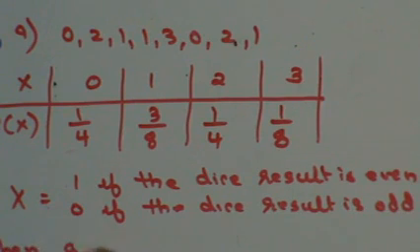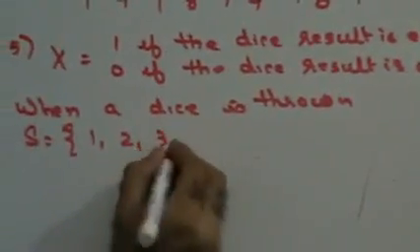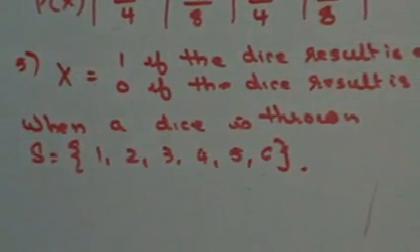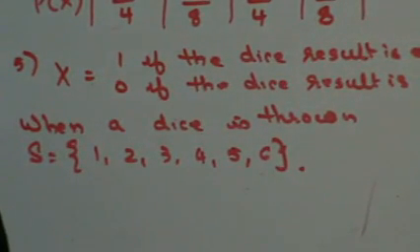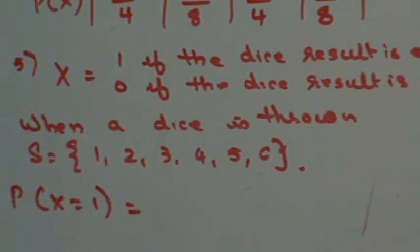Now guys, when a dice is thrown, the possible outcomes are 1, 2, 3, 4, 5, 6. Now they are saying that random variable X is equal to 1 if the dice shows an even number.